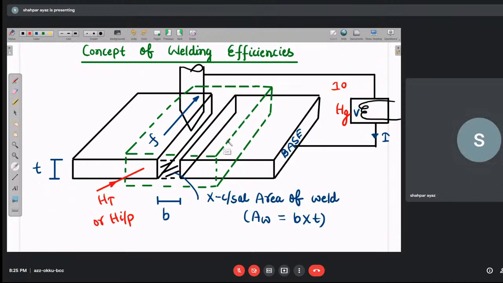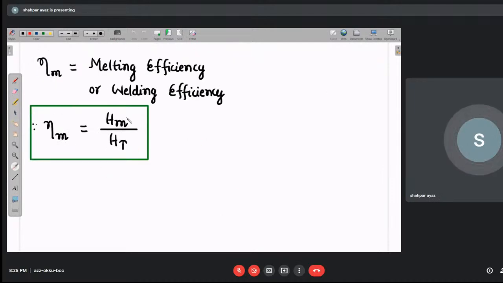Remember that. Now, waste heat. Amount of heat transferred to the base metal. Heat dissipated to the base metal. It is important.